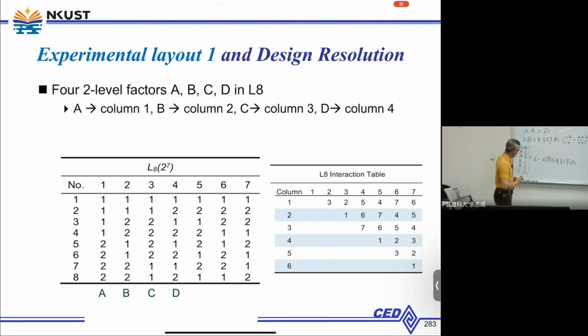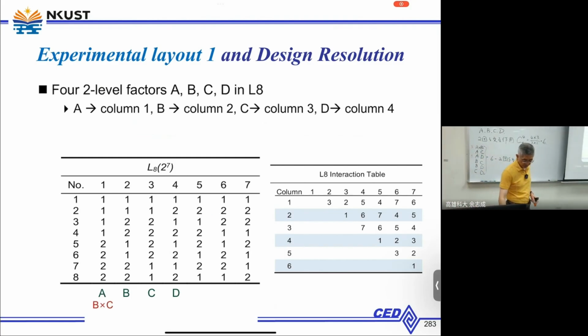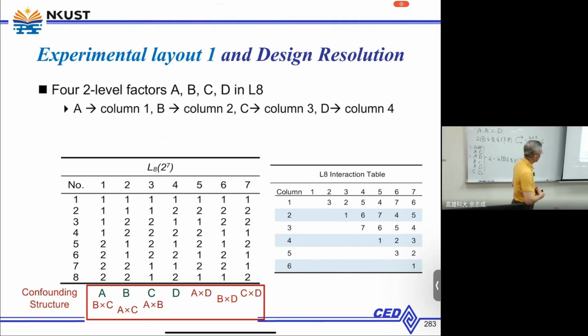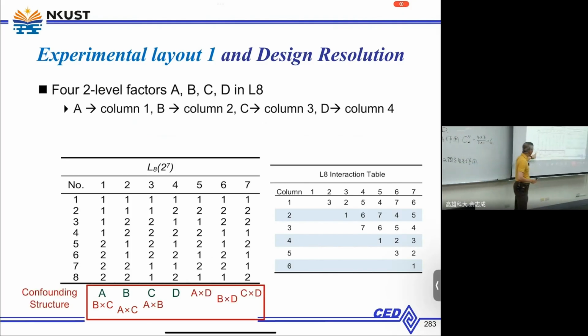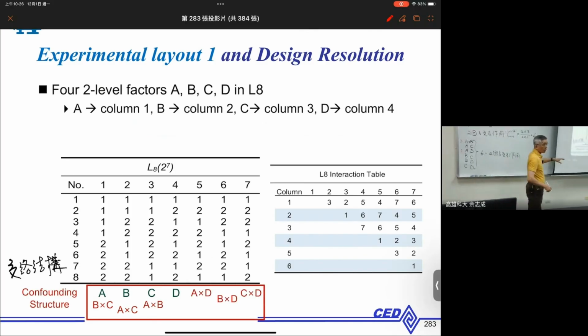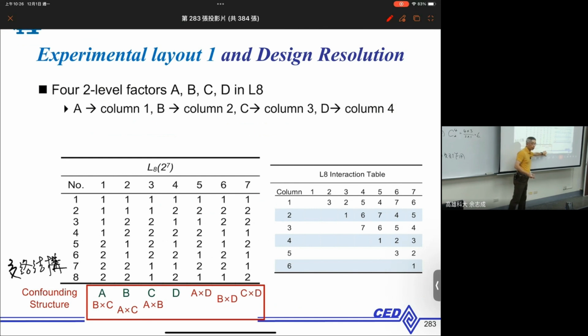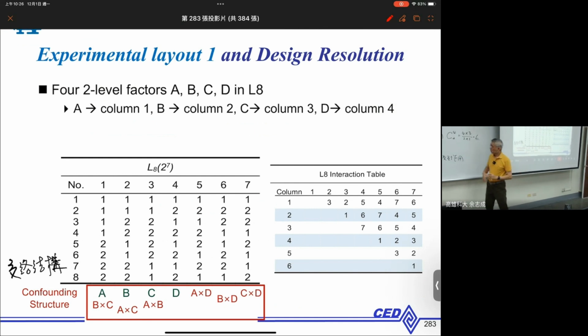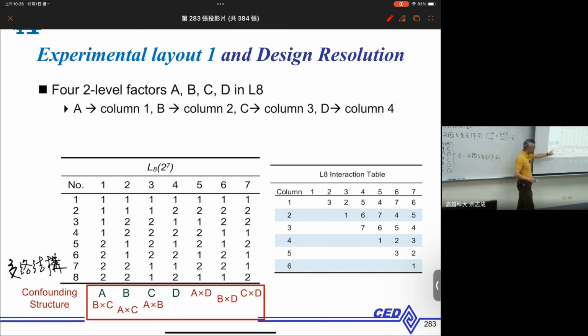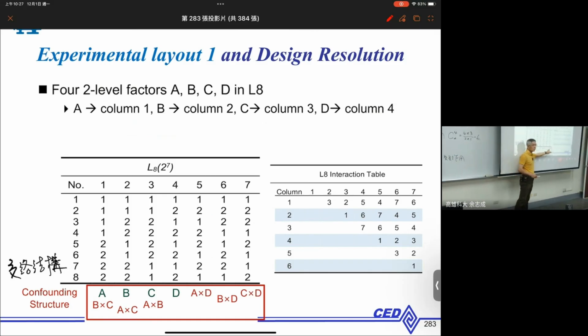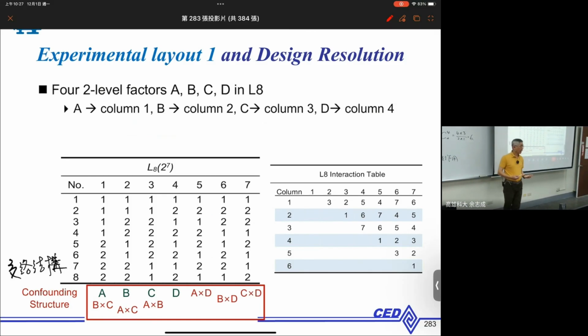You can find all the columns for these two-factor interactions and come up with the confounding structure. We did this exercise before, and I will let you do it by yourself. You should be able to find this confounding structure, which shows where the main effects are and where the two-factor interactions will be in the orthogonal array.